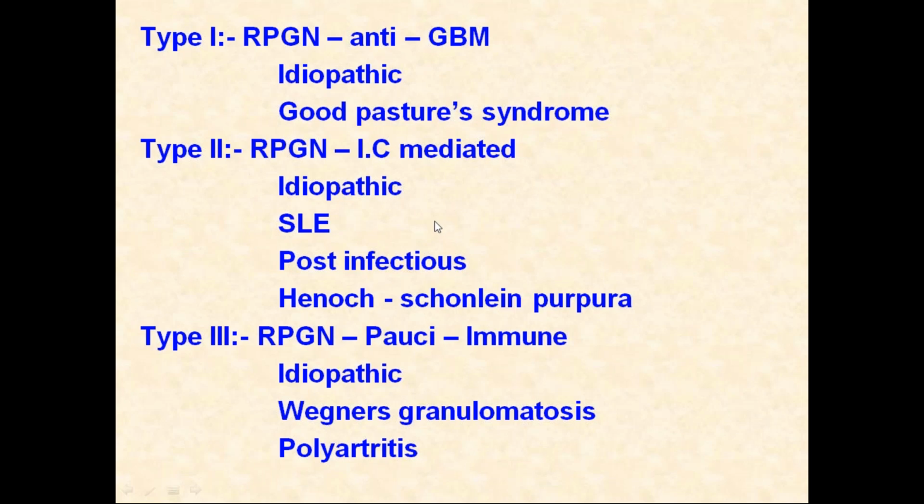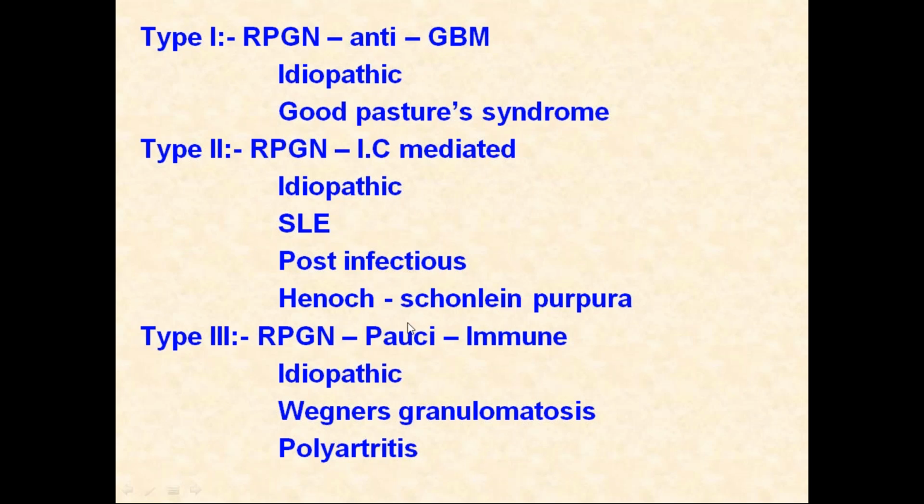Next, type 2 is immune complex mediated, caused by idiopathic, systemic lupus erythematosus, post-infectious causes, and HSP or Henoch-Schonlein purpura. Next, type 3 is usually pauci-immune, seen in conditions like Wegener granulomatosis, idiopathic, and polyarteritis nodosa.